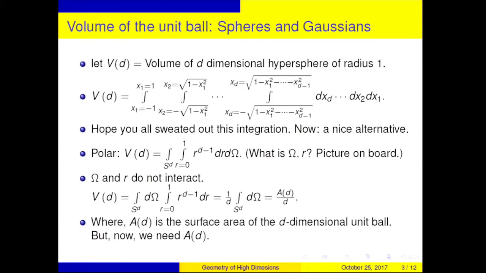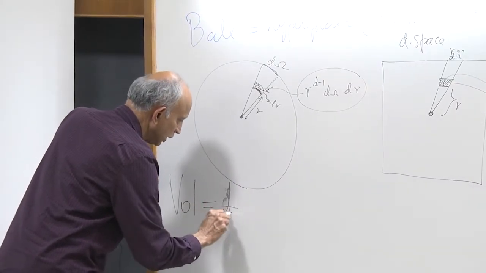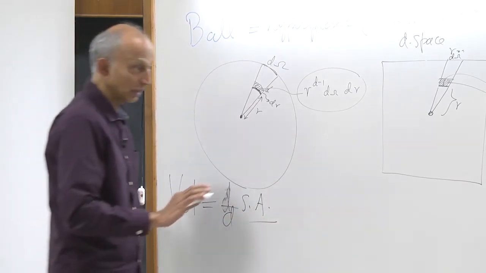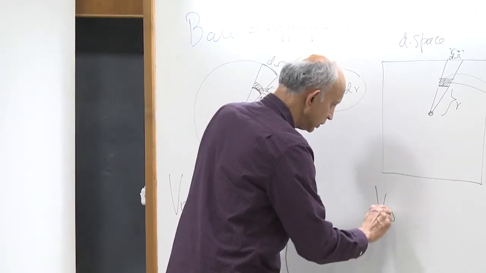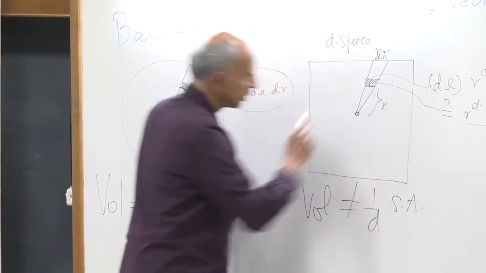So what we have done, maybe it's worth writing on the board, is that the volume equals 1 over d times surface area. And for the cube, that's not true. So this argument fails.